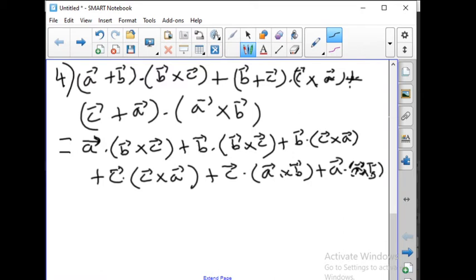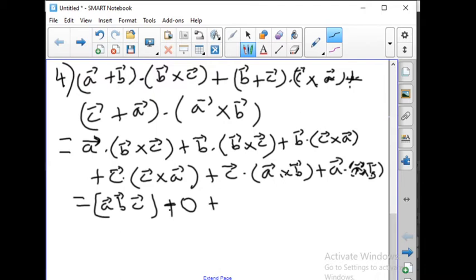Now we can write this as: the first term is nothing but the box product of A vector, B vector, C vector. The second term is the box product of B vector, B vector, C vector, which is equal to 0. We know already because two of the rows or columns will be equal.